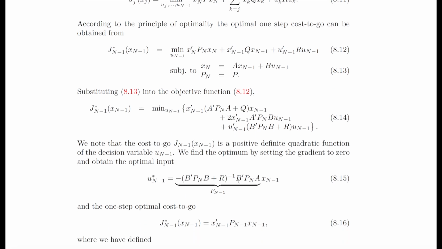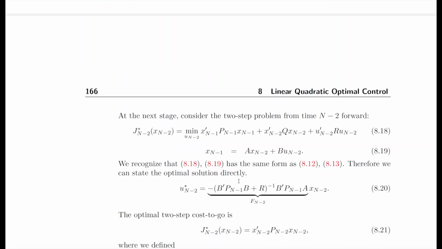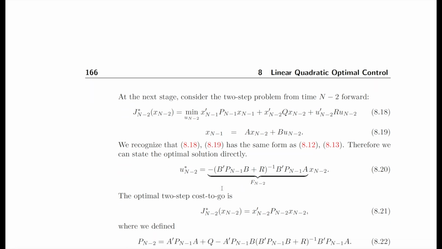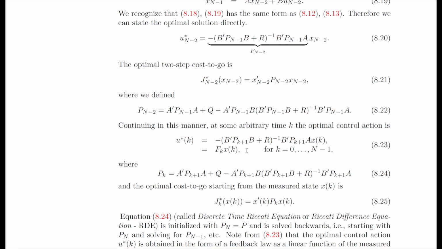And if we do the same thing but now with two steps, we will arrive also at a similar form to the previous expressions here. So we can find this expression of the n minus 2 forward solution or two-step problem, and we can make this in an iterative way until we find the solution of the problem.